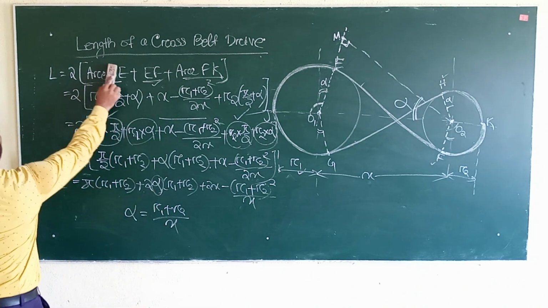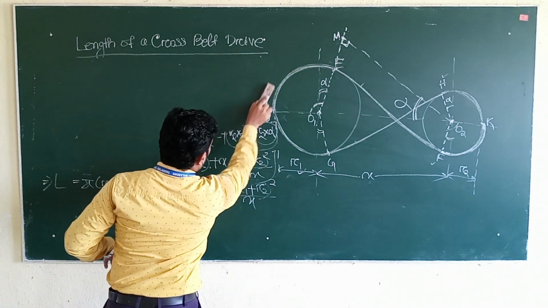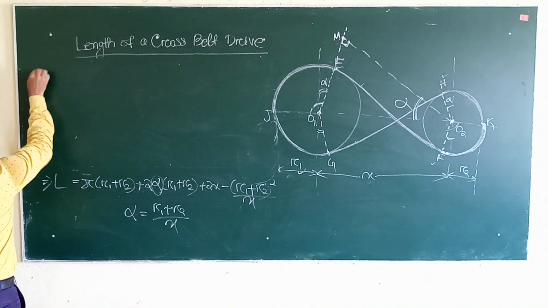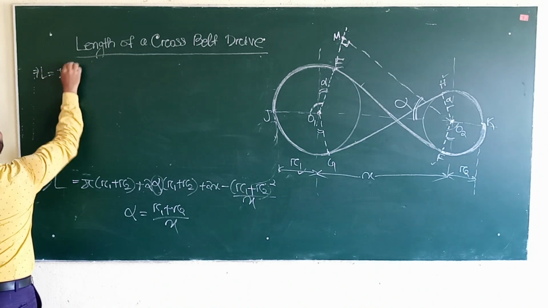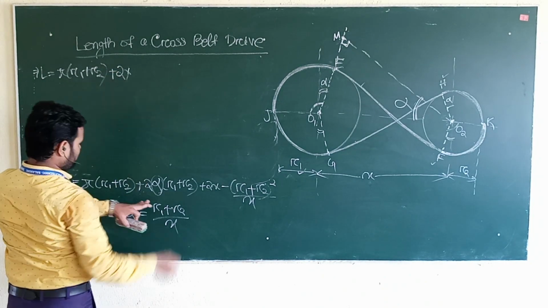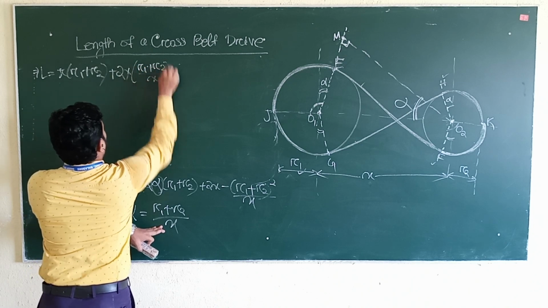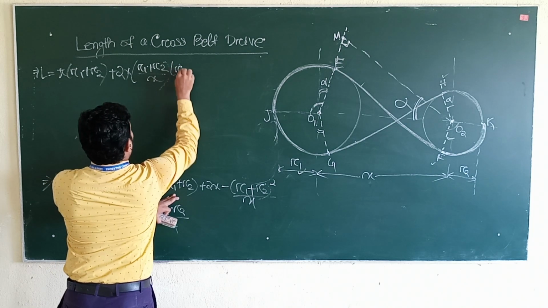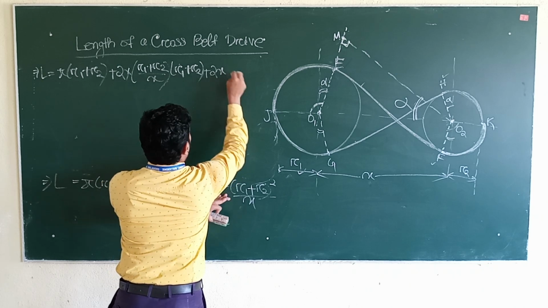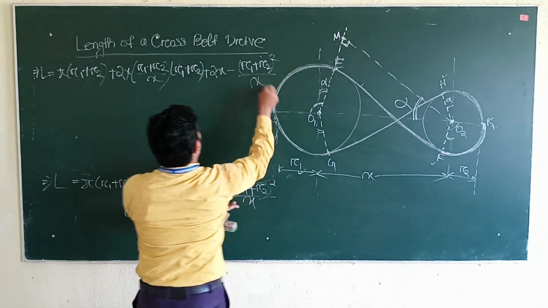L equals pi into r1 plus r2 plus 2 into, in place of alpha you can write r1 plus r2 by x, this is the value of alpha, into the remaining r1 plus r2, plus the remaining 2x minus r1 plus r2 square divided by x.